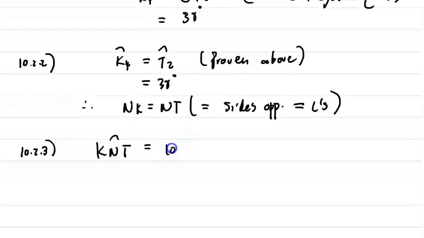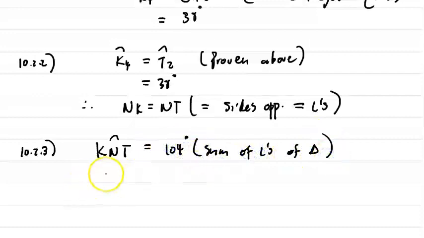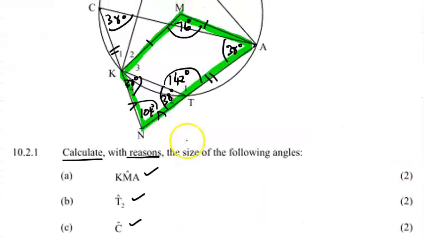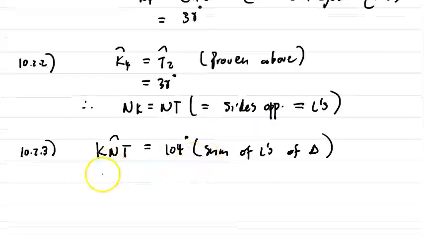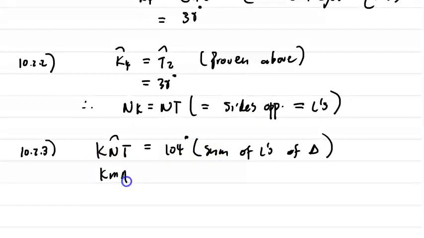KNT equals 104 degrees, sum of angles of triangle, and we already know that KMA is equal to 76 degrees, and that was already proven above.